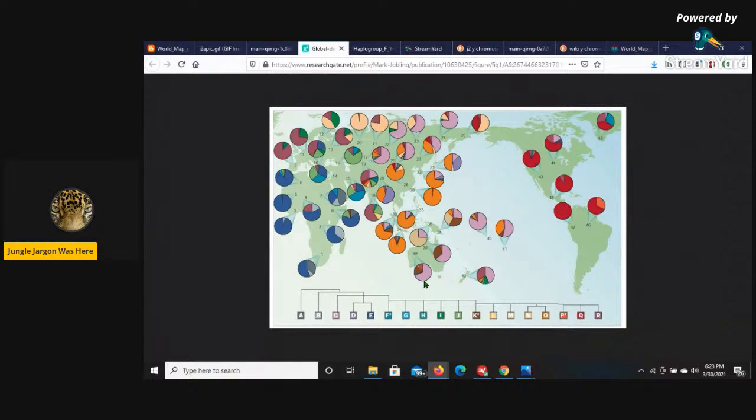And so here in Australia, you have a couple shades of brown here. So you have the K, the C, looks like maybe an O, and a blue color.